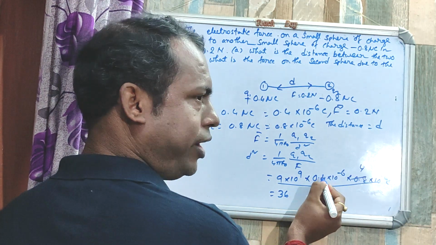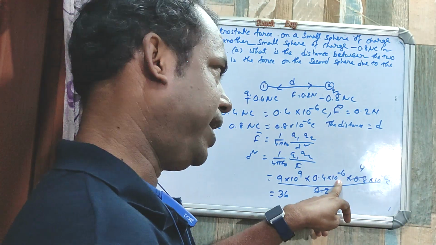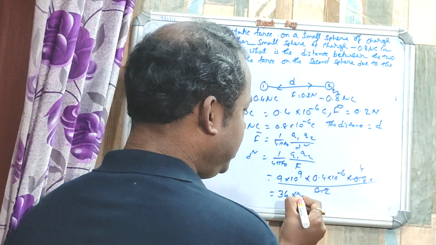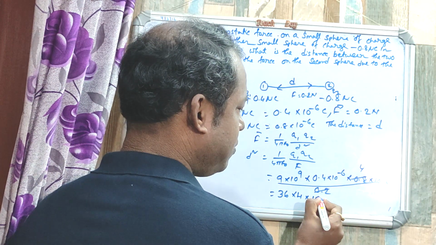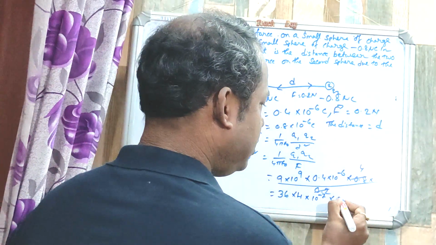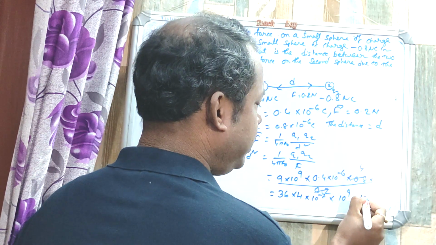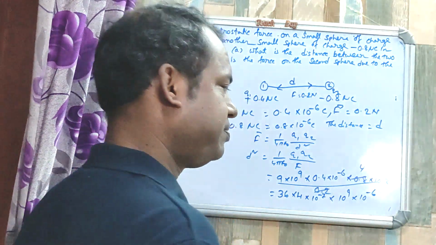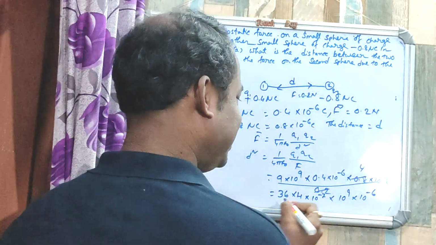Here it is 0.4. Just think about 0.4. We convert it into 4 into 10 to the power minus 7, am I right in this thing? So that is 4 into 10 to the power minus 7, into 10 to the power 9, into 10 to the power minus 6. Clear? So 36 into 4, we just want to solve it.